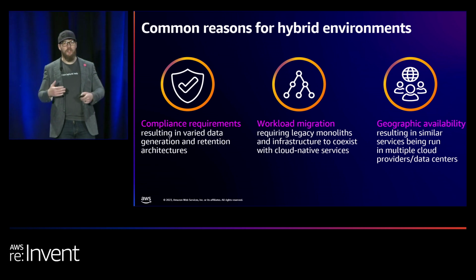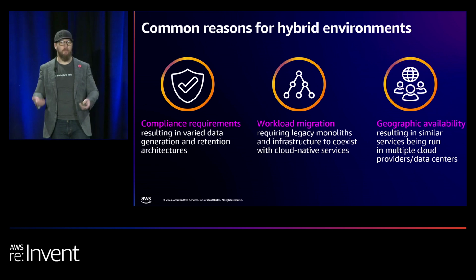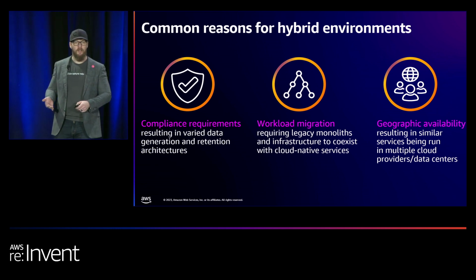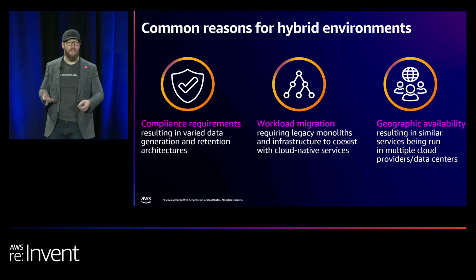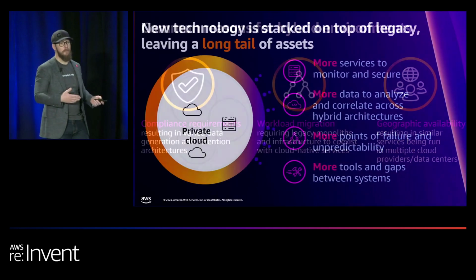And it can be geographic availability, right? So you may have the same service running in multiple AWS regions, multiple AWS tenancies, to support different geographies with the same services. These are really common scenarios that we tend to see a lot when we talk about hybrid, and all of them present relatively the same challenges, even though they have different requirements.